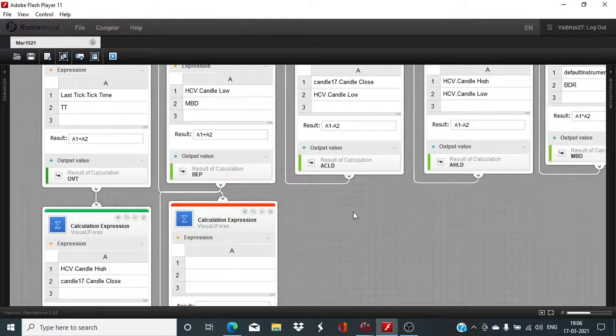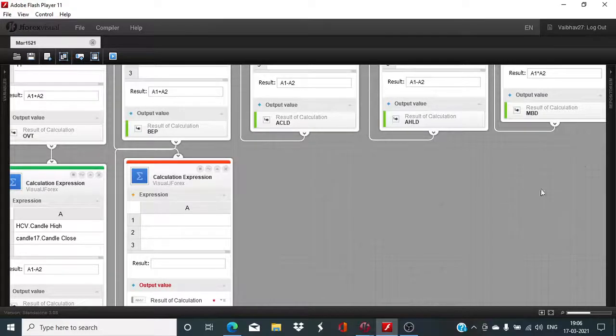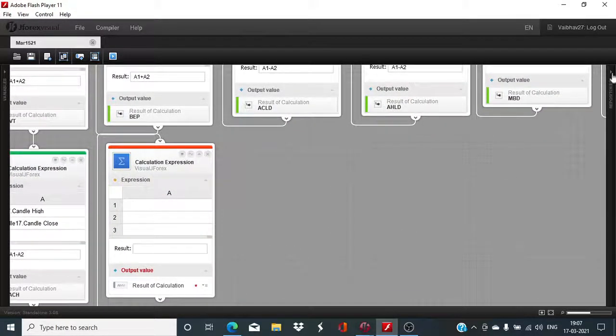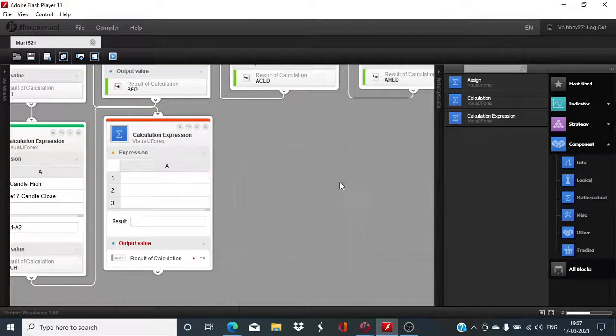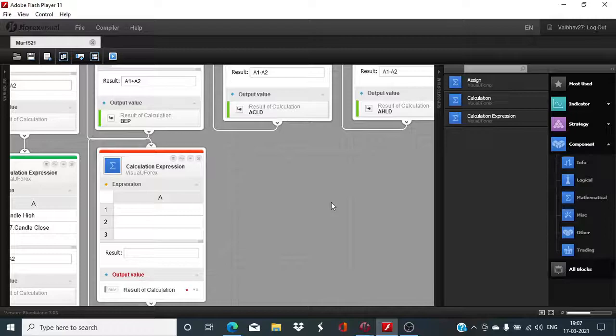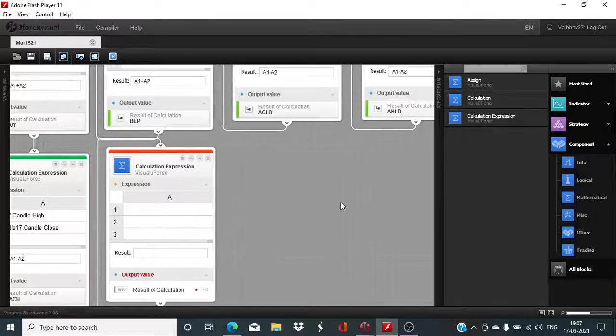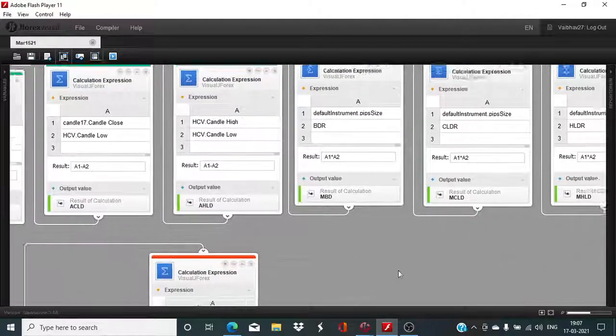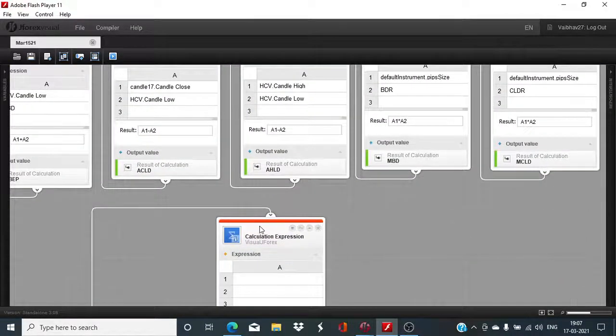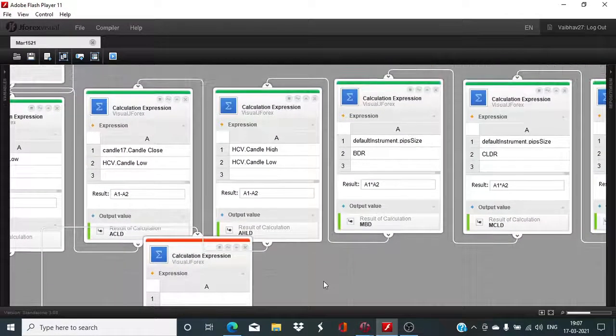For that, we will have to deduct the calculated 7 pips from the highest value.